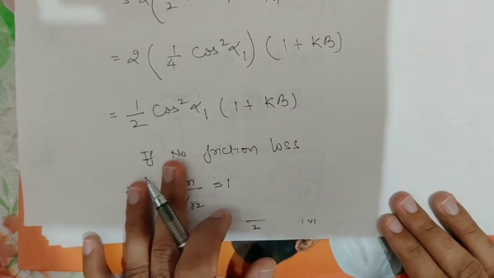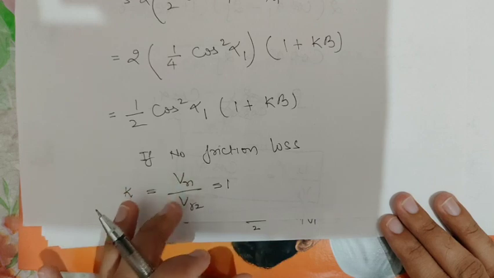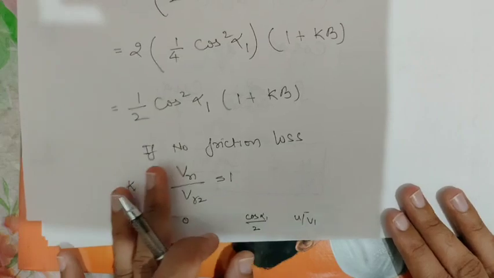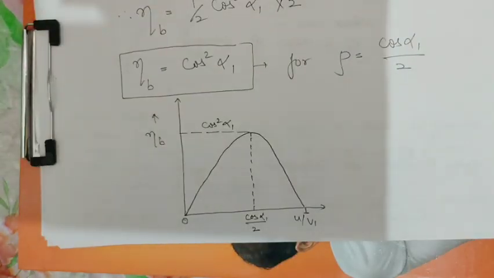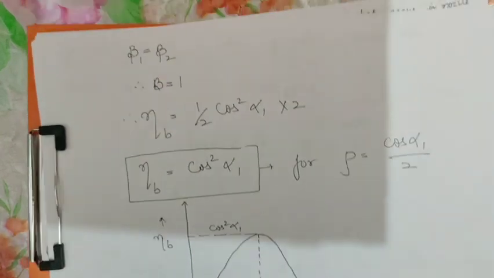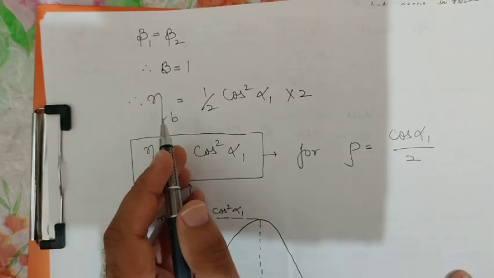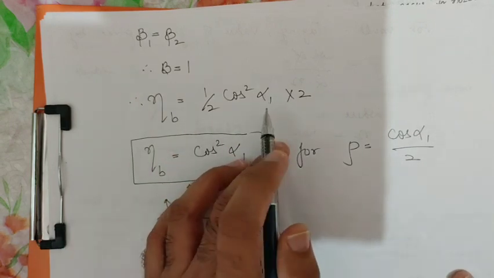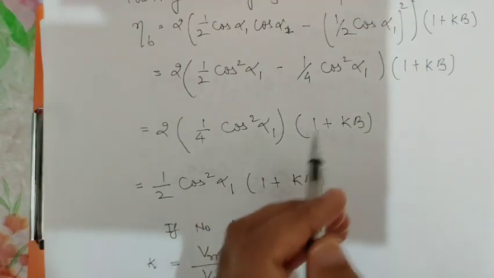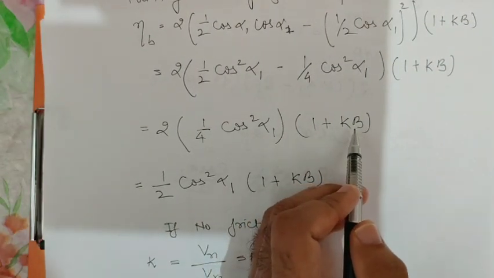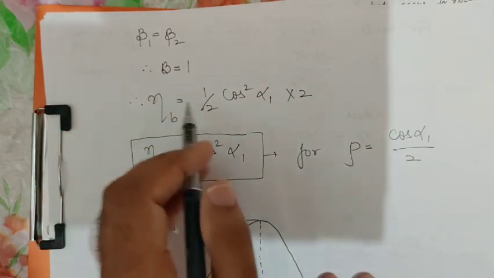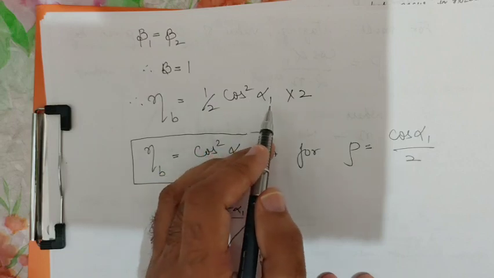Now if we consider no friction loss, it means vr2 by vr1 equals 1, k equals 1, and we have considered that beta 1 equals beta 2. So blade efficiency equals 1 by 2 cos square alpha 1 into 2. The 2 is there because we have put k and b as 1. So blade efficiency equals half cos square alpha 1 into 2.